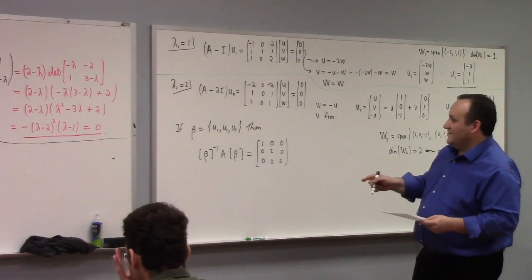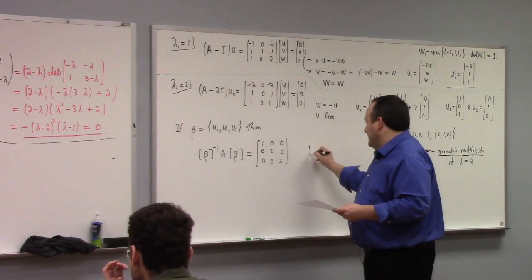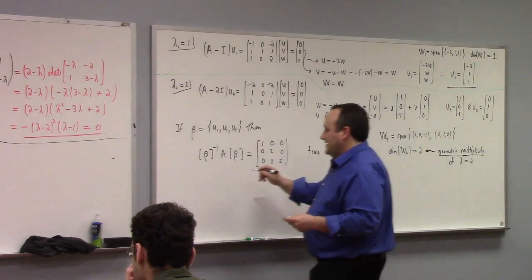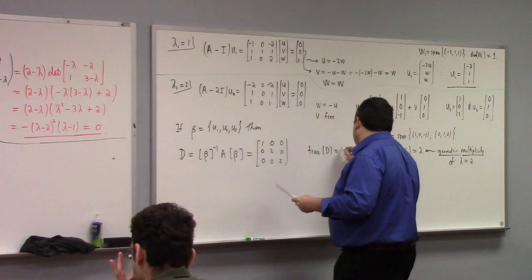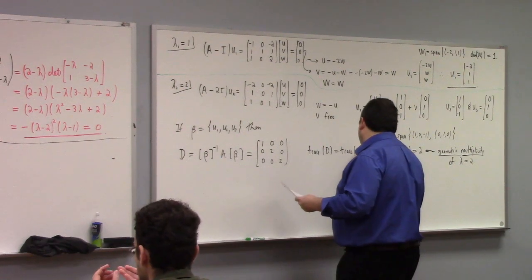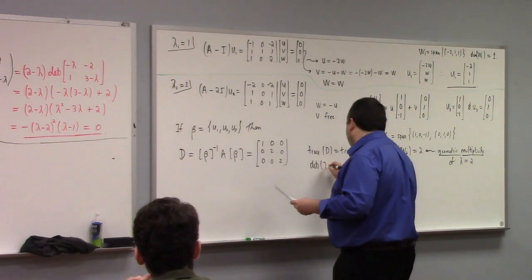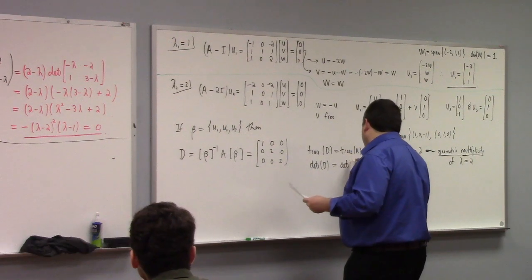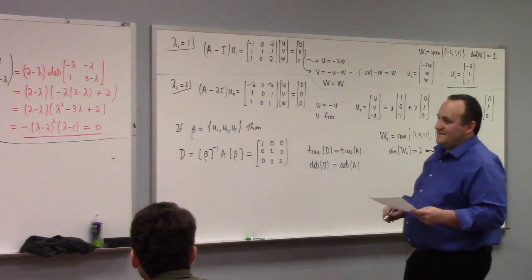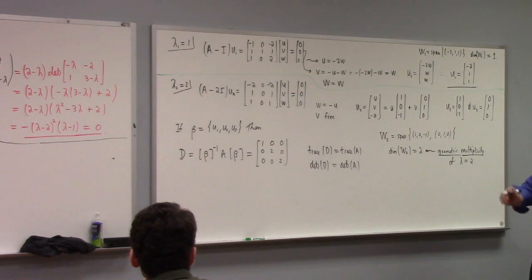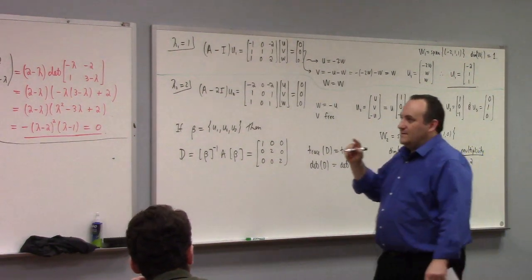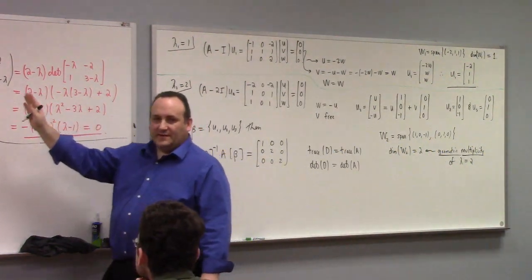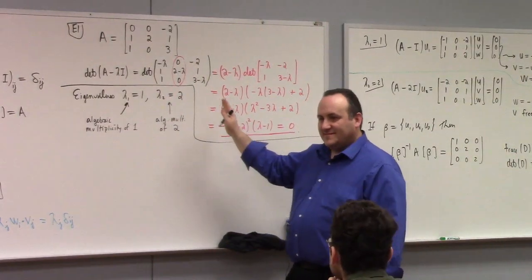You can check it out. Let me call this thing D. The trace of D is the trace of A, and the determinant of D is the determinant of A. By the way, if you've already calculated the characteristic equation, you can calculate the determinant of A without further calculation.